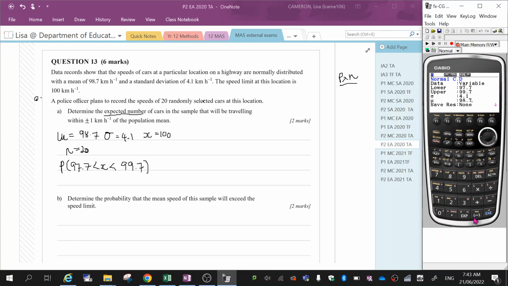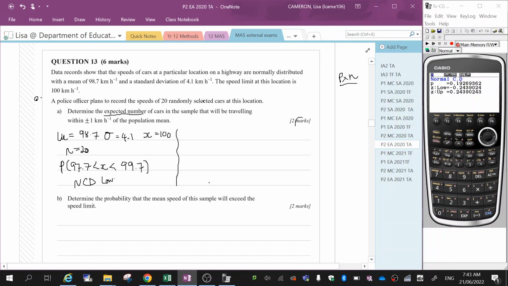Okay, and that is what we're going to chuck into our formula here. So execute that. Okay, and we end up with, there's my little thing. Now, I'm running out of space here, but I would be stating all of that stuff that you substituted in. I would state it so that the confirmers can see NCD and then what you've used: lower, upper, the deviation that you've used, the mean that you've used.